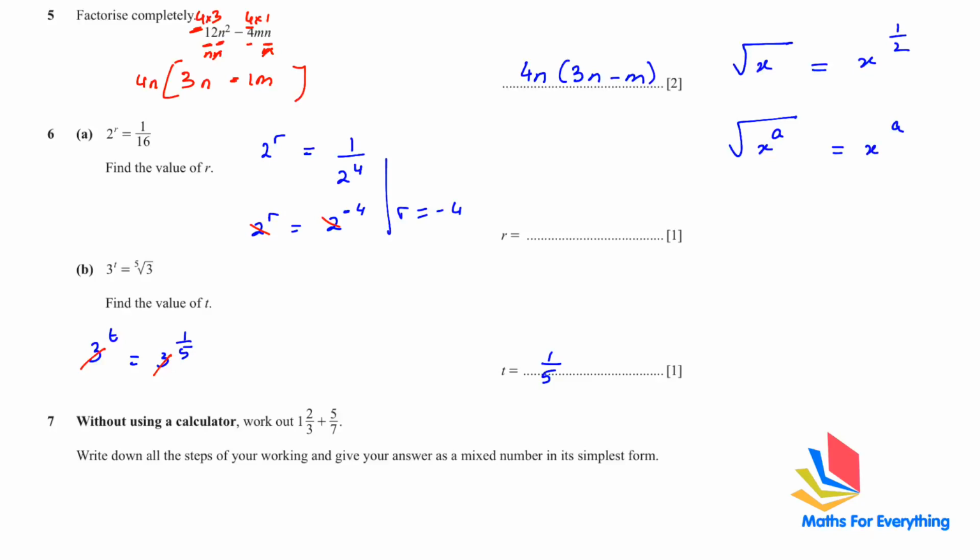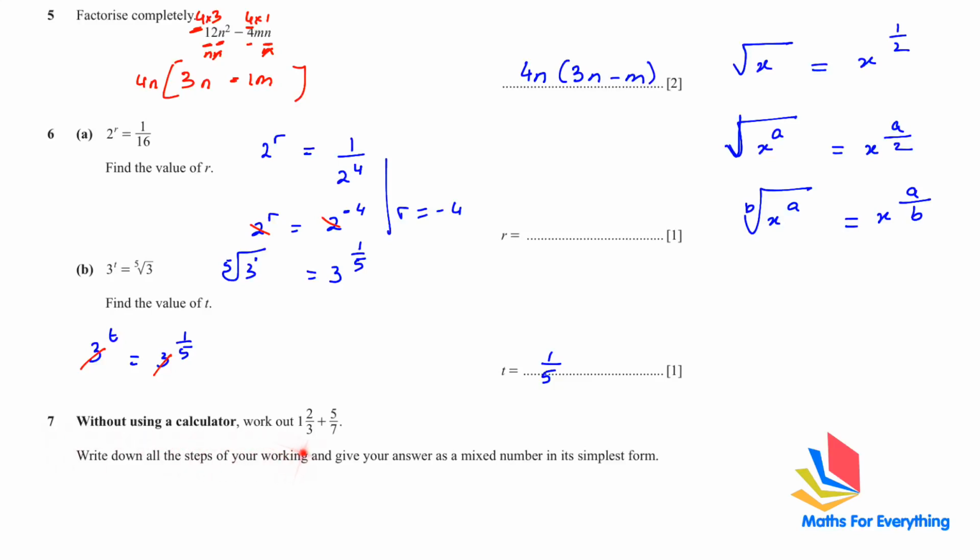And if there's no power written here, that is a 2. Suppose you have here b and a inside. So you will have x is equal to a over b, x to the power of a over b. So the same rule we applied here. We have been given, if there is no power, it means there is a 1. So we write it 3 to the power of 1 over 5.